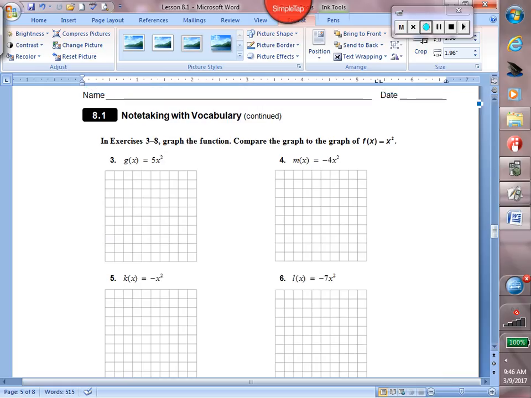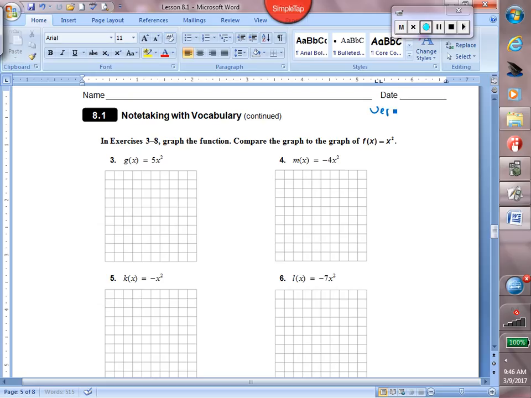And by that I mean, is your graph going to have a vertical stretch, a vertical reflection, or a vertical shrink, or again, if you want to use the word compression, if you've already learned that before, you can stick with compression.